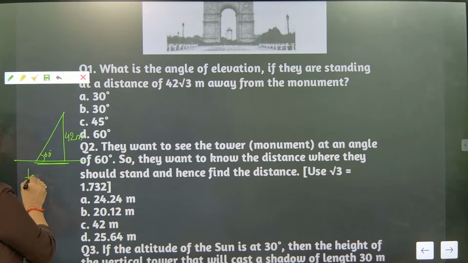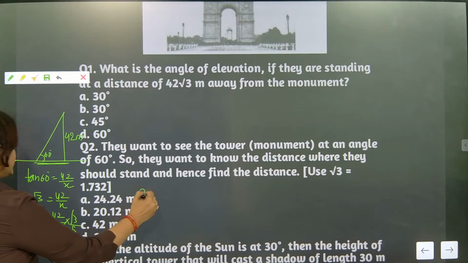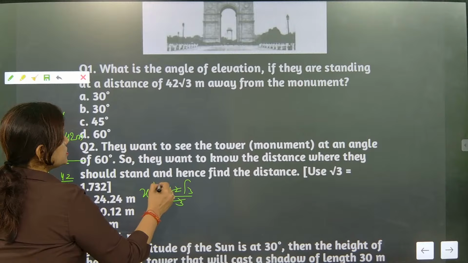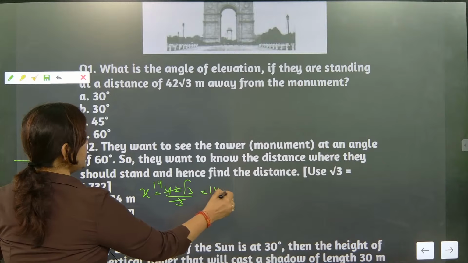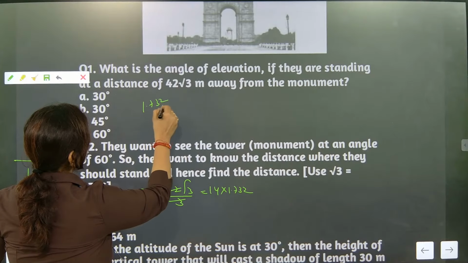So tan 60 degree is equal to 42 by x. So root 3 is equal to 42 by x. So x is equal to 42 by root 3. Multiplying by root 3 by root 3, x is coming as 42 root 3 by 3, so here it is 14 root 3. So 14 into 1.732.